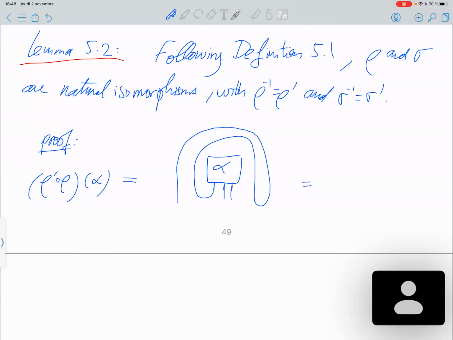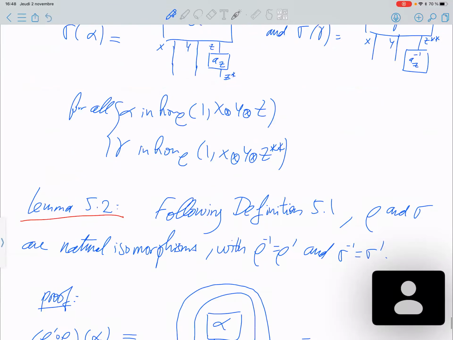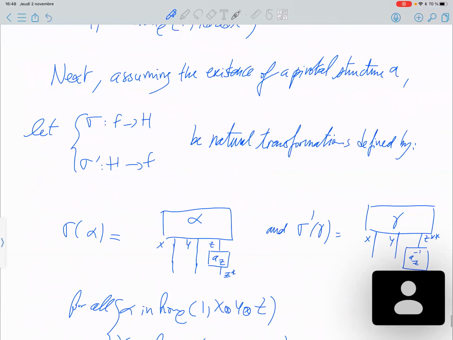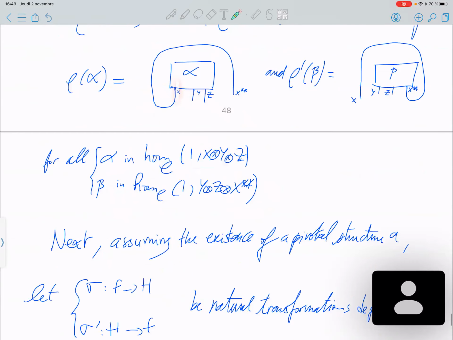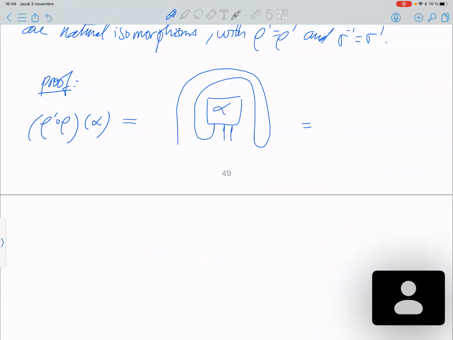Anyway, so how to prove that? You compose rho and rho prime. You have a zigzag, so you just recover alpha.